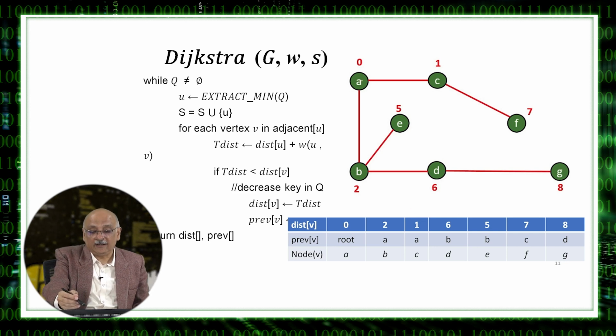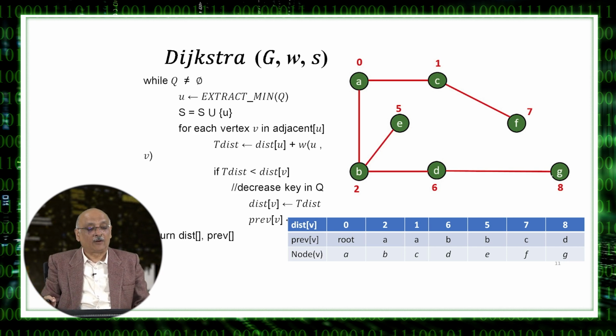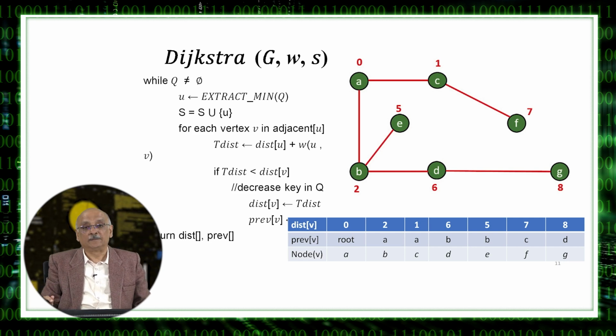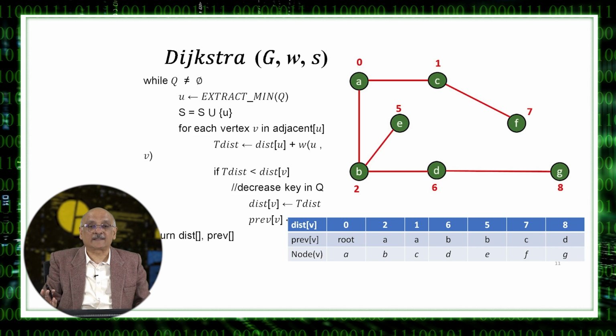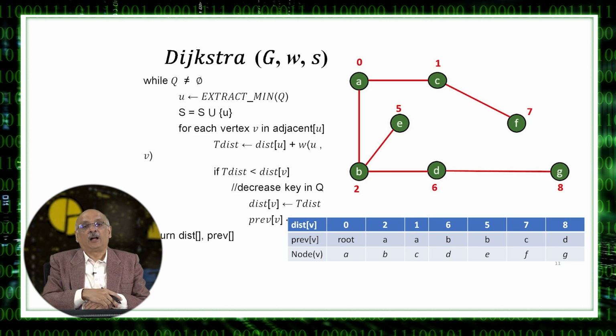So we have A, then we have B, E, C, D, F and G. So we are able to extract the entire tree from the graph, which has the shortest distances. But what is the shortest distance from A to G? How will you figure it out?